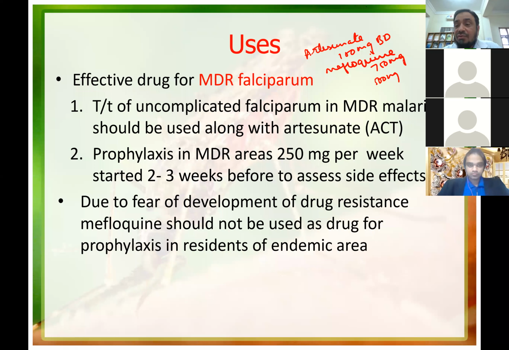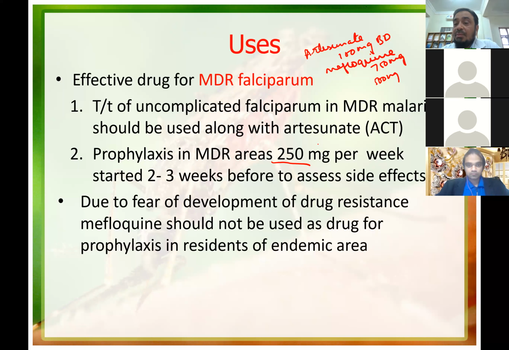It is not used for the endemic population which is staying in the endemic area. It is used for the travelers like the Western people, or if someone from the US is going to Africa where there is endemic MDR malaria. So he will be given mefloquine 250 milligram every week, and it should be started 2 to 3 weeks before. Why should it be started 2 to 3 weeks before?